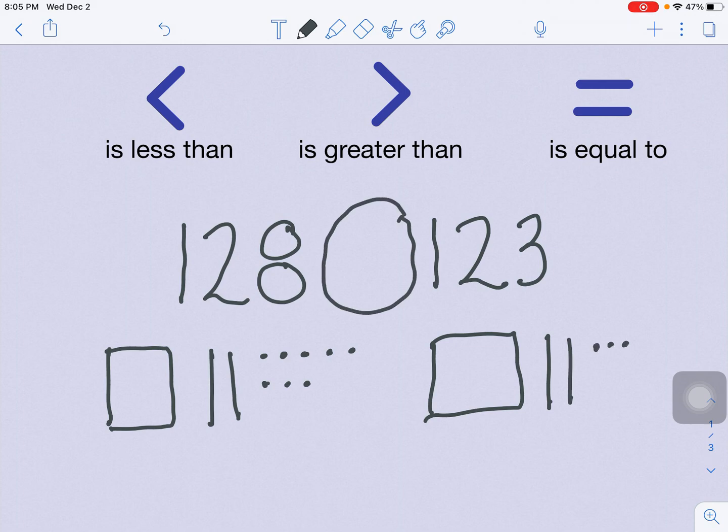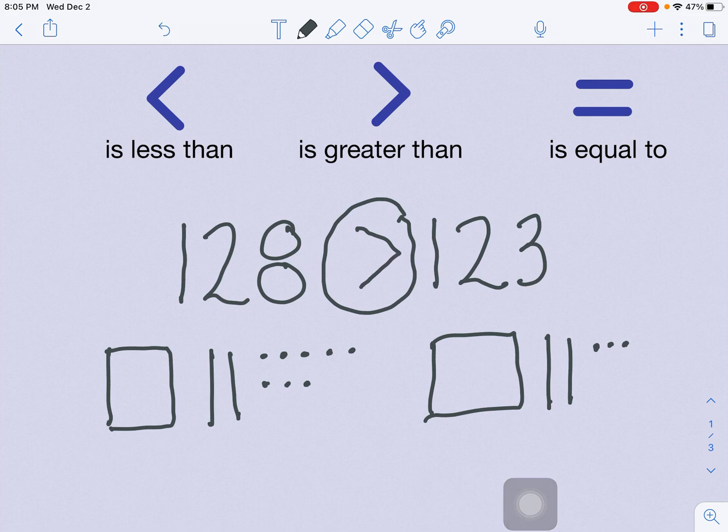Again, I'm trying to find my comparison there. I look, they both have a 100. So then I know I need to go to my tens position. They both have 2 tens. Look at that, 2 tens. And now I would look at my ones position. This one has 8 ones. This one has 3 ones. 8 ones is greater than 3 ones.